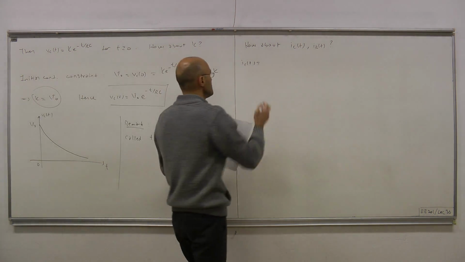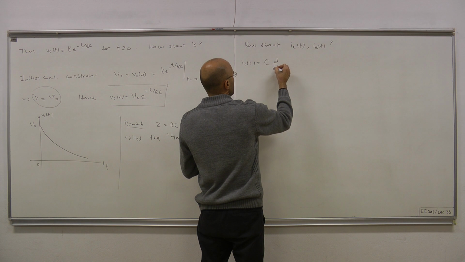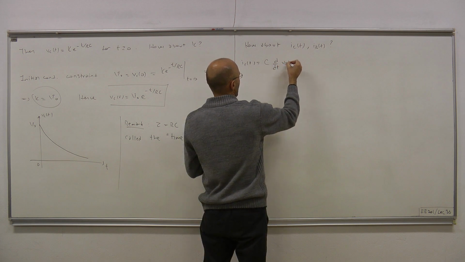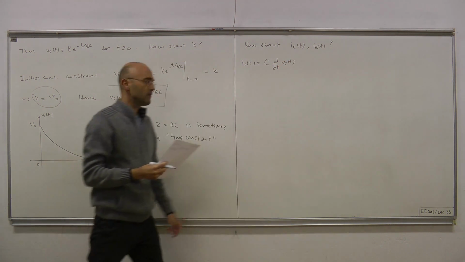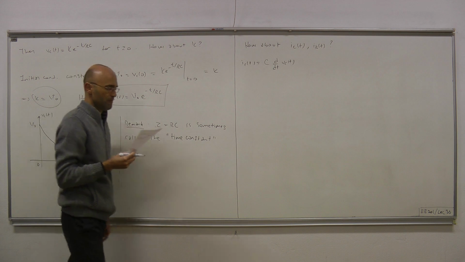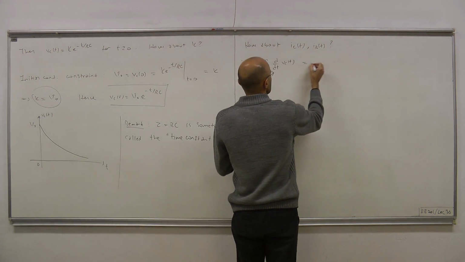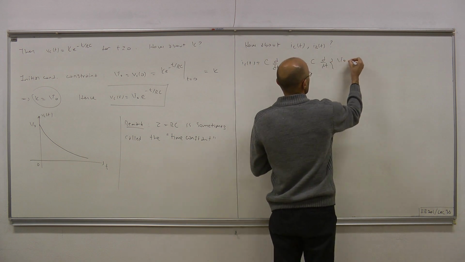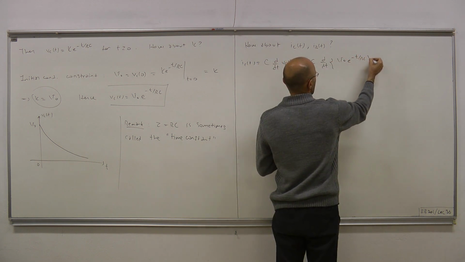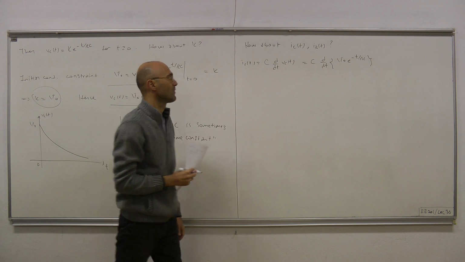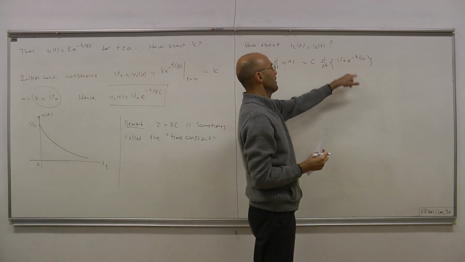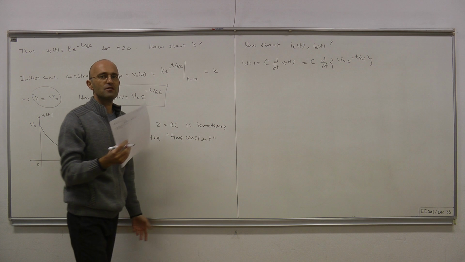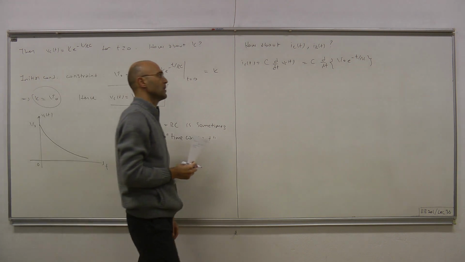So ICT is C d over dt VCT, and we know what VCT is. It's here. So that's C d over dt E0 e to the minus t over RC. One last thing about working with exponential functions is they're very easy to differentiate and also integrate.